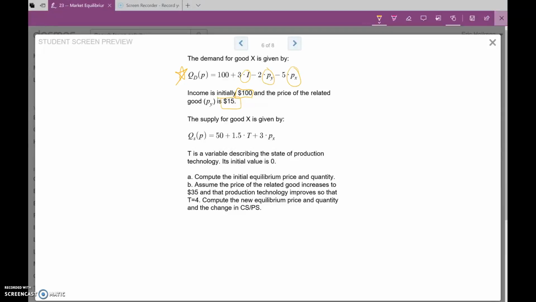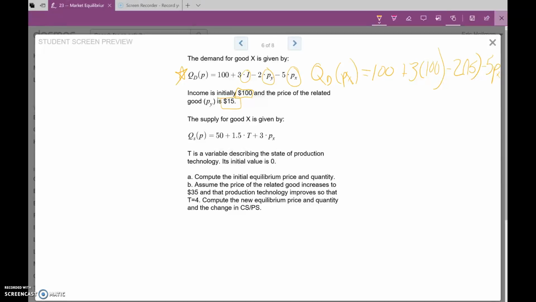So if we plug in, we get that quantity demanded as a function of px equals 100 plus 3 times 100, which is the income we start at, minus 2 times 15, which is the price of y, minus 5 px.